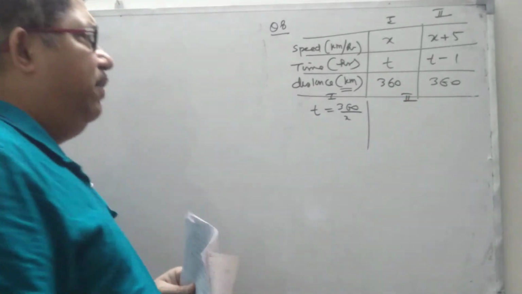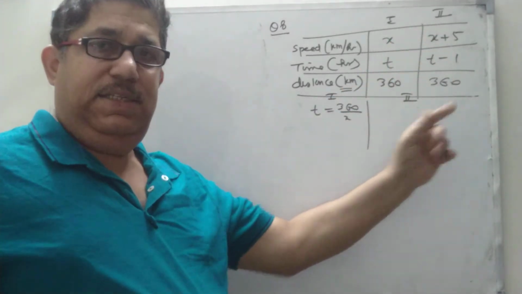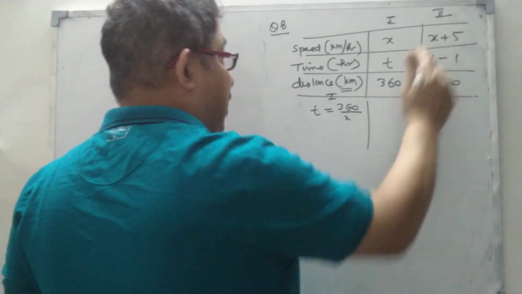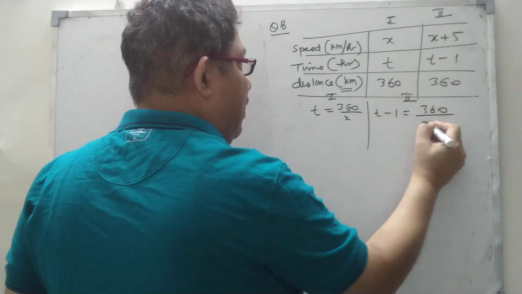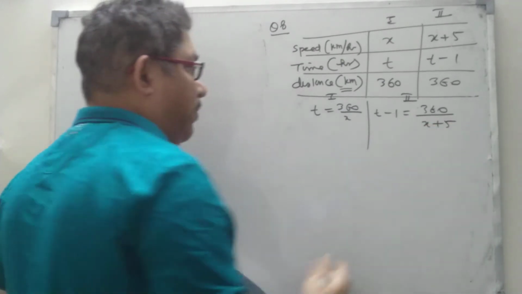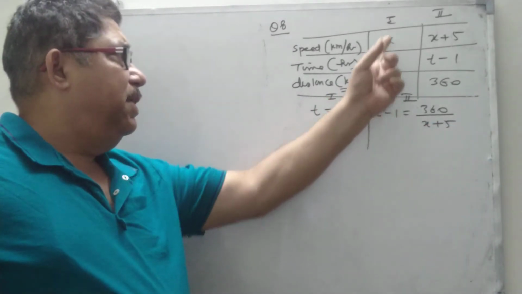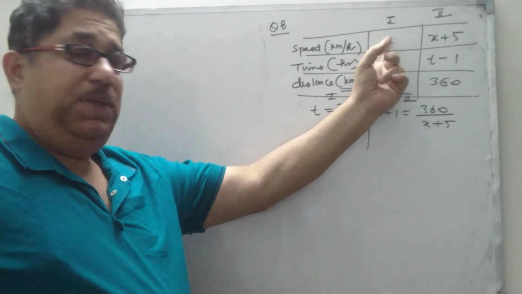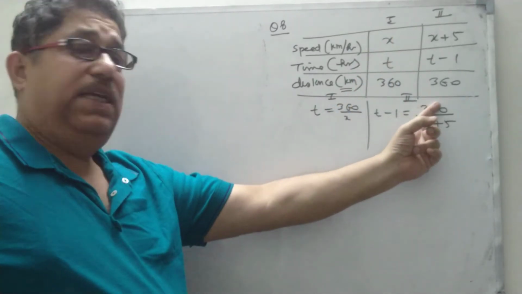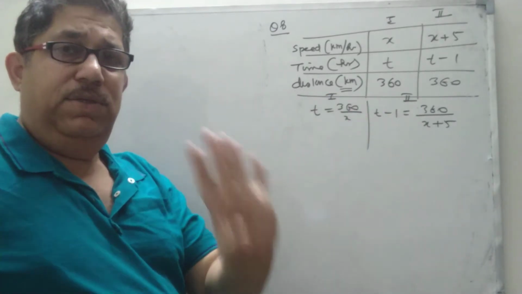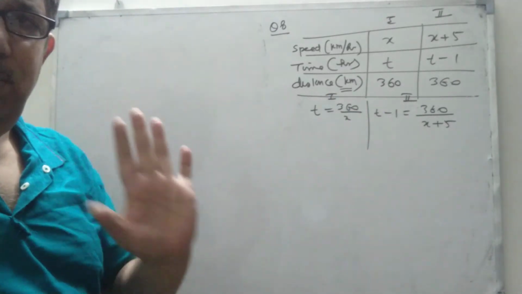Now let's see what we get from the second case. Time, that is t minus 1, is equal to 360 over x plus 5, with time equal to distance over speed. So this is what we get, and that's how I got it done.